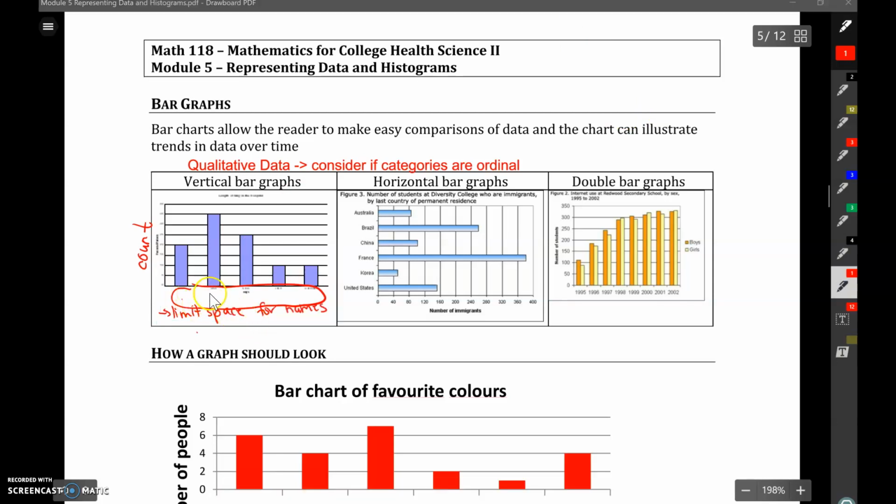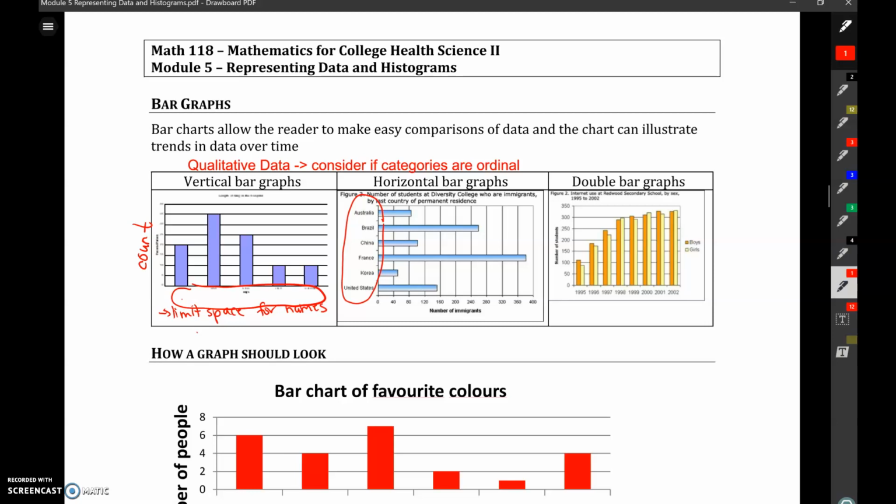Because with vertical bar charts there's not that much space for the category names, horizontal bar charts can be preferable sometimes, because the category names are given up the y-axis, and so longer category names can be listed without affecting the way the graph looks. We can also have more categories represented.